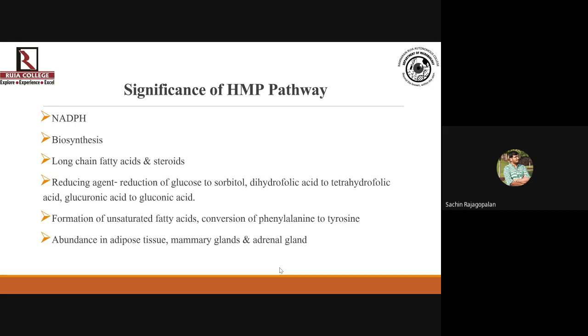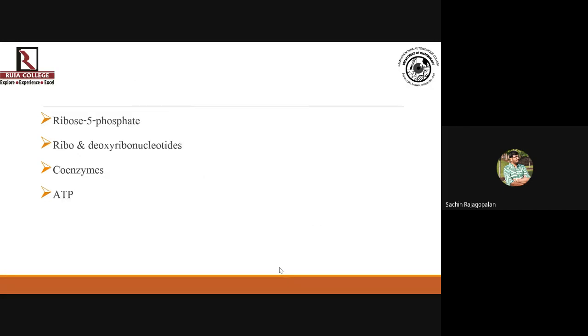Also, formation of unsaturated fatty acids, conversion of amino acids like phenylalanine to tyrosine, these will need NADPH. And you will see that NADPH is always maintained in abundance in adipose tissues, mammary glands, adrenal glands, where a lot of lipid steroidal compounds are being synthesized continuously. Okay. So NADPH has a lot of significance when it comes to anabolic reactions, when it comes to biosynthetic reactions.